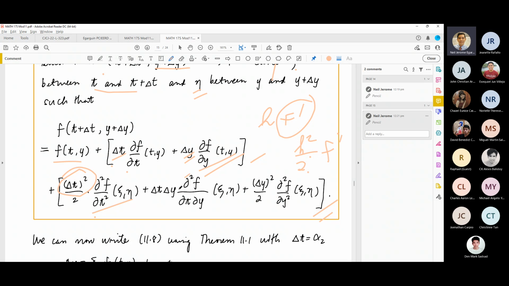And then here we have the second partial derivative with respect to t and with respect to y, evaluated at the unknown elements of D na si xi at saka si eta, times the product of the respective step sizes with respect to each variable.